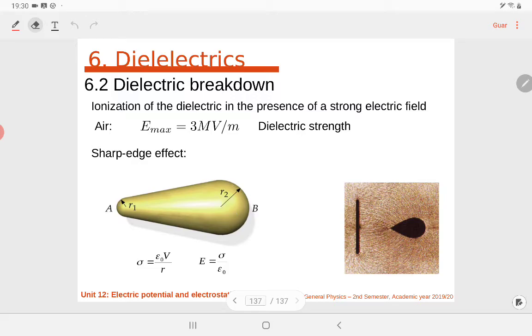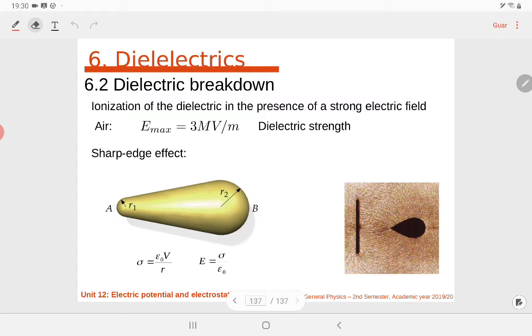I'm going to show you that there is a relationship between the electric field produced in the surroundings of edge A and the potential difference, the electric potential of the conductor. If you remember, a conductor in electrostatic equilibrium has the same potential everywhere.